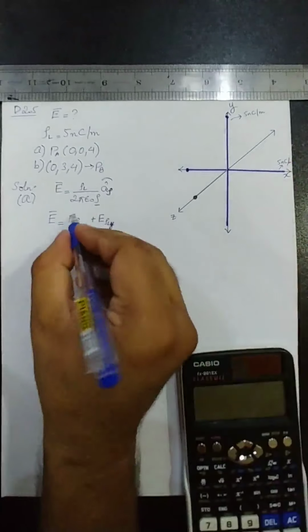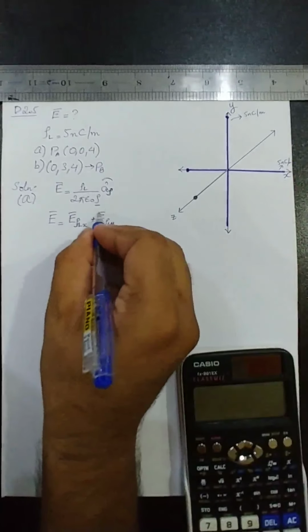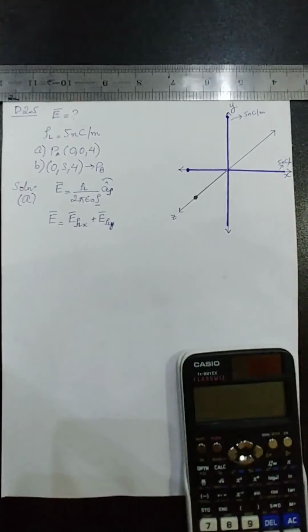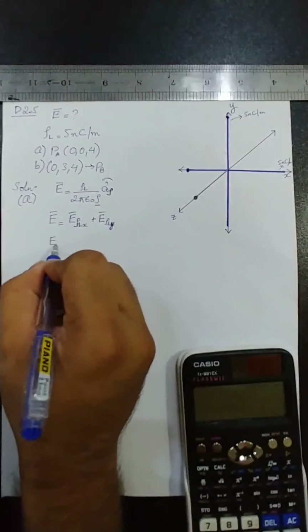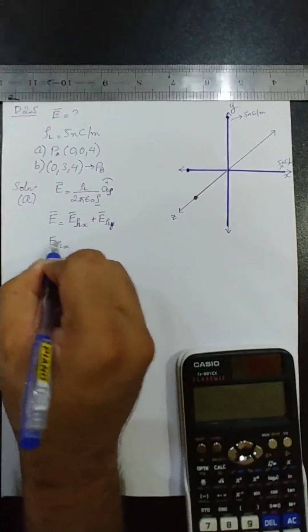So both should be found first in vector form and then added together to get the final answer. So let's see how to find the first one, due to rho Lx.